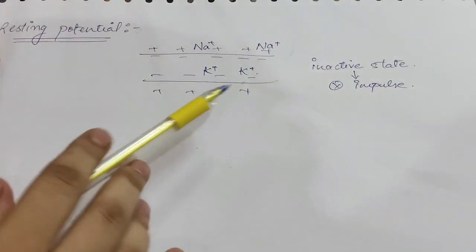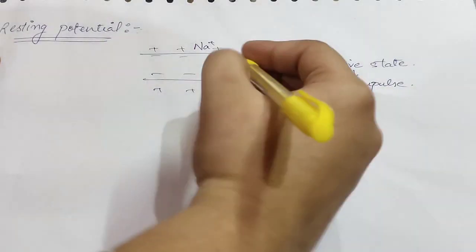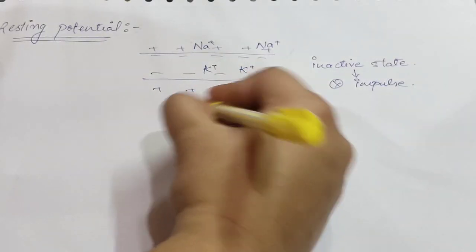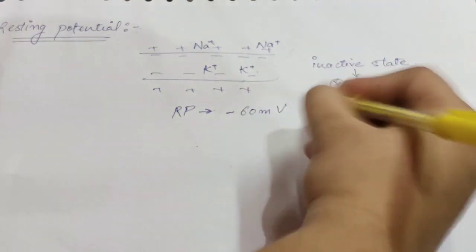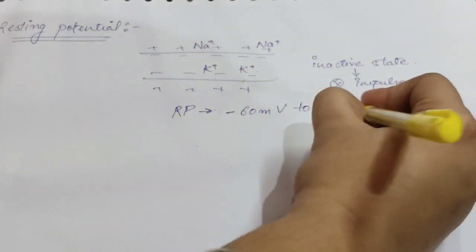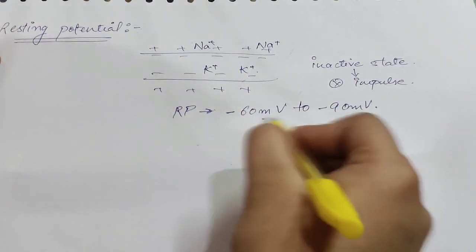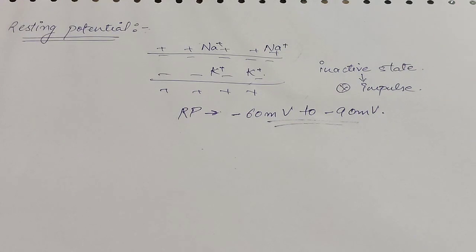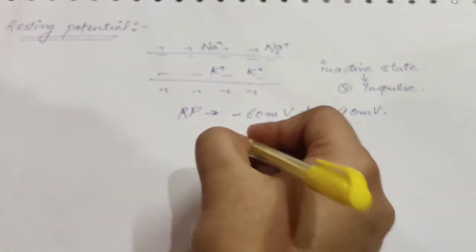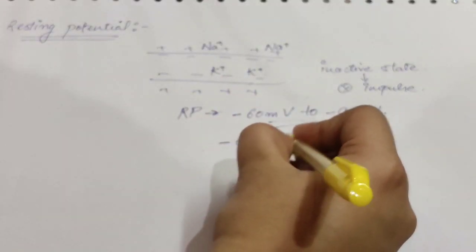The amount of potential difference during the inactive state, that is, the resting potential, is from minus 60 millivolt to minus 90 millivolt, whereas in the large axon of the squid, the resting potential is minus 60 millivolt.